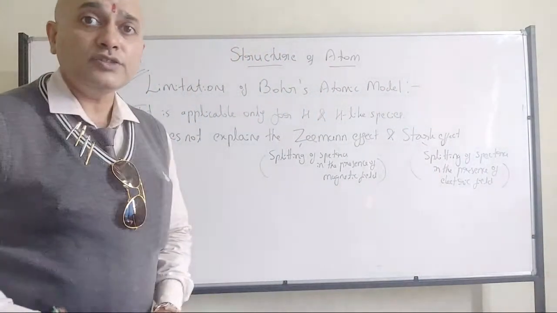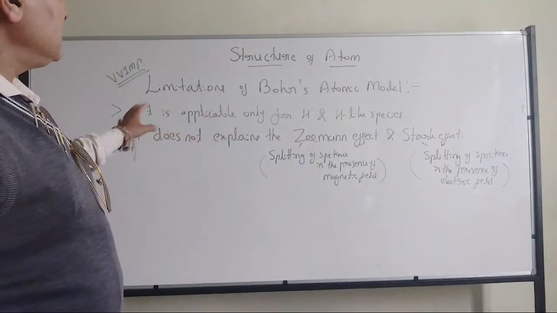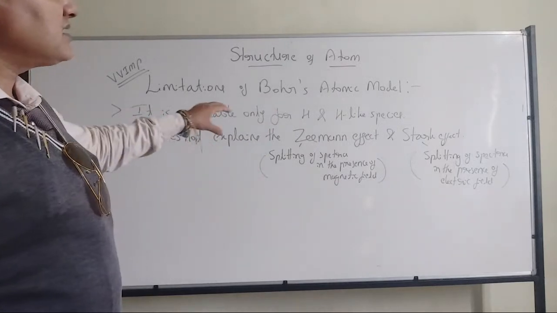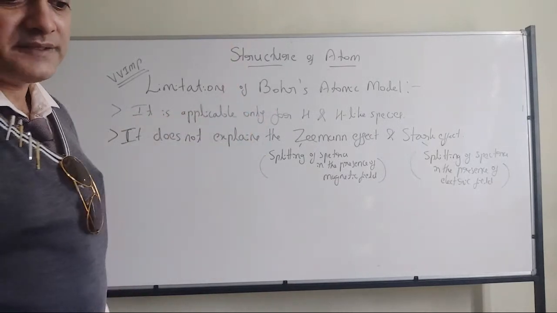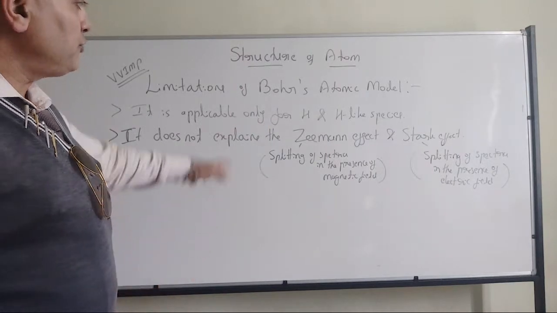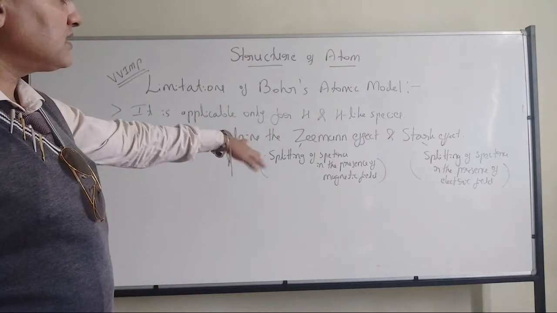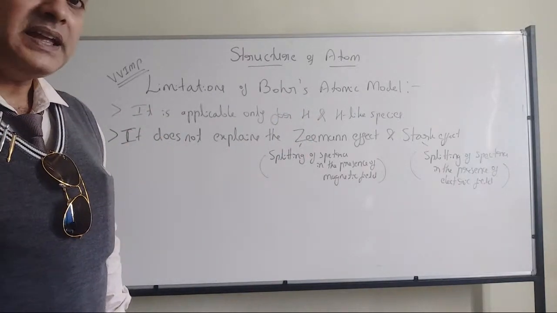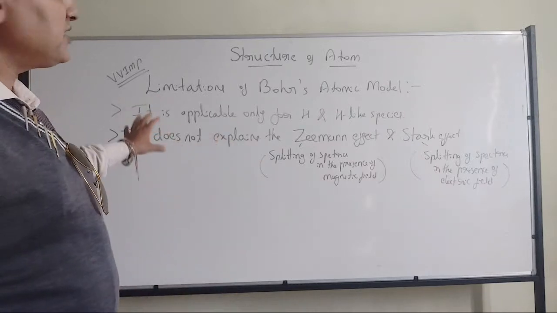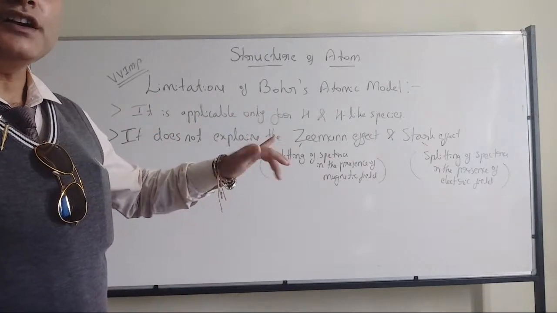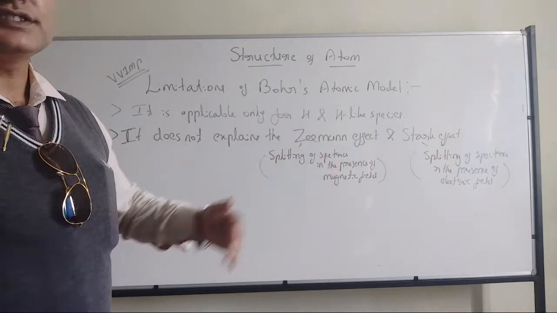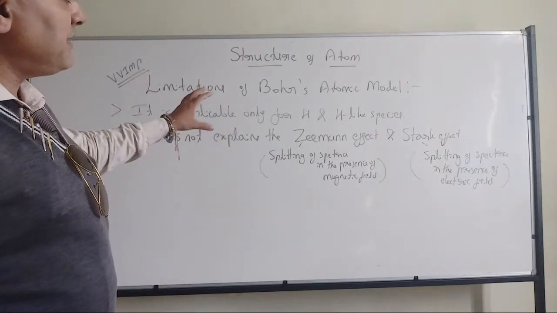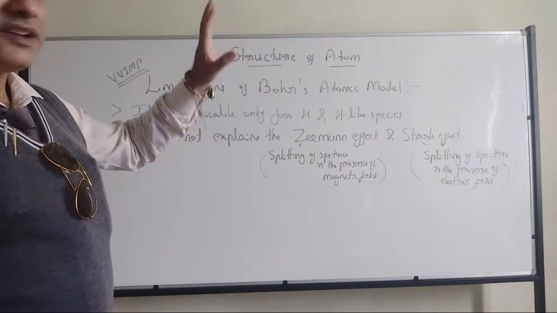So instead of writing those sentences, you can simply write that it does not explain the splitting of spectra, or it does not explain the Zeeman effect and Stark effect. Okay? No need to write splitting of spectra in the presence of magnetic field, splitting of spectra in the presence of electric field. That way is not required. You can simply mention it does not explain the splitting of spectral lines in the presence of magnetic field and electric field, or it does not explain the Zeeman effect and Stark effect.